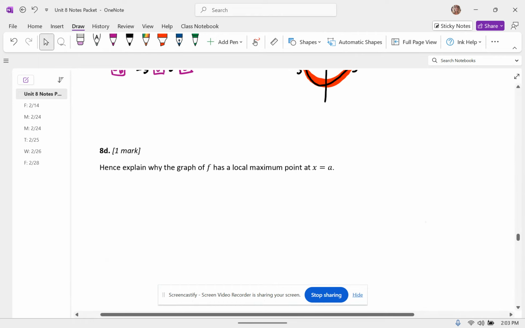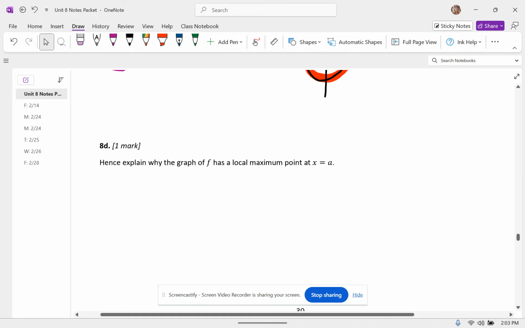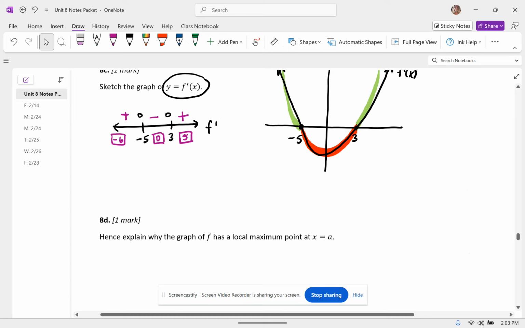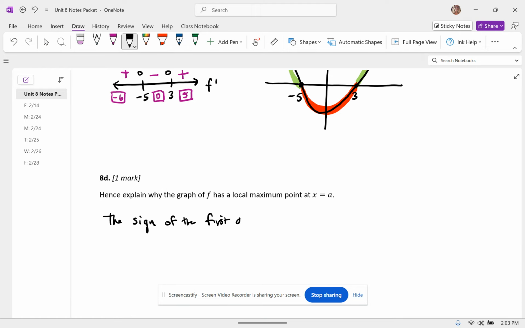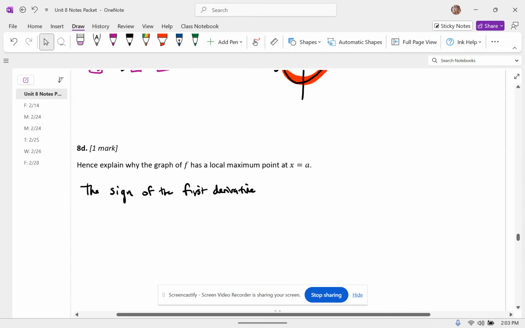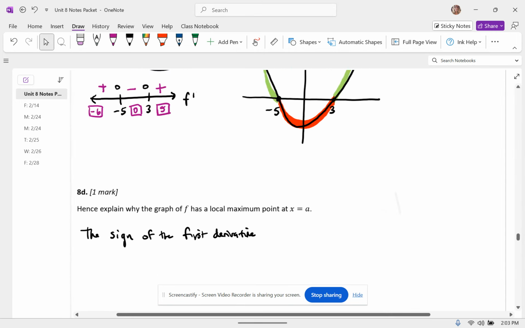All right. Hence explain why the graph of f has a local maximum point at x equals a. This is why we love a first derivative number line. We don't have to explain anything really because we just illustrated it up above. We just have one nice little sentence telling us what's going on, okay? So we can say the sign of the first derivative, and we're talking about a. A was which one?